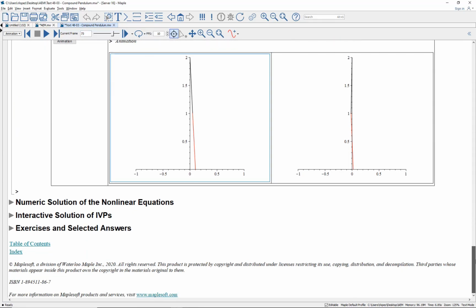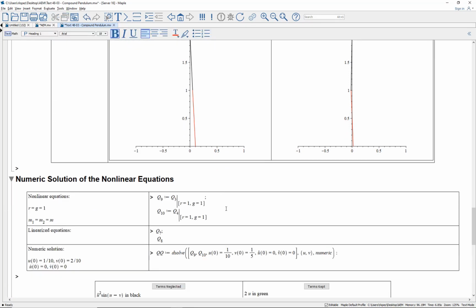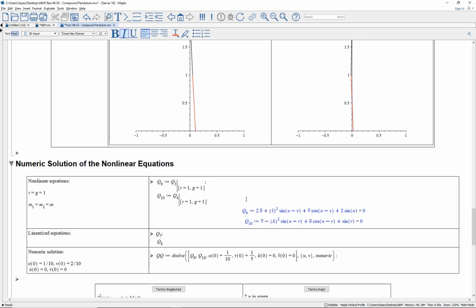But here's something that you can do with a tool like Maple that you can't do with a pencil and paper. You get a numeric solution of the nonlinear equations. Okay? So we make these assumptions that we made before so that we have a basis of comparison. So these would be the nonlinear equations with these constants given values.